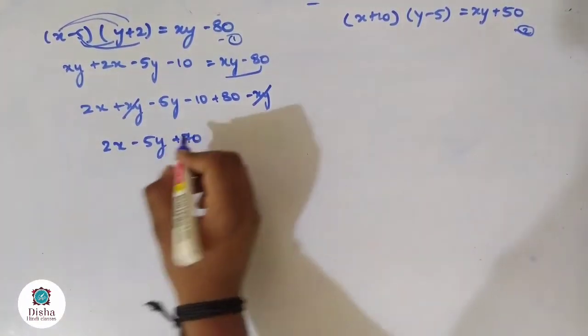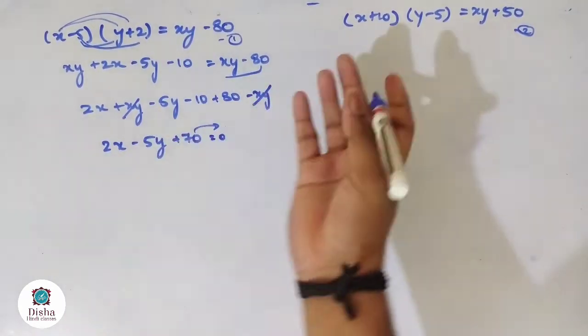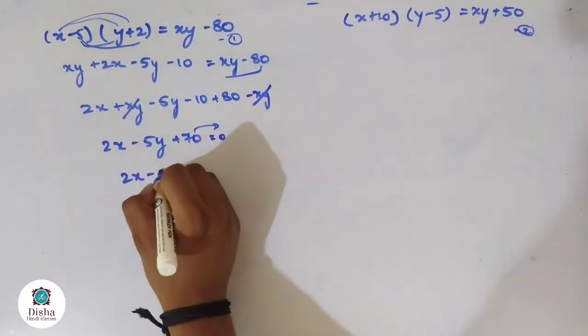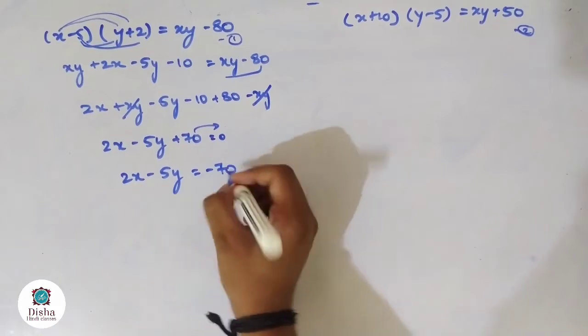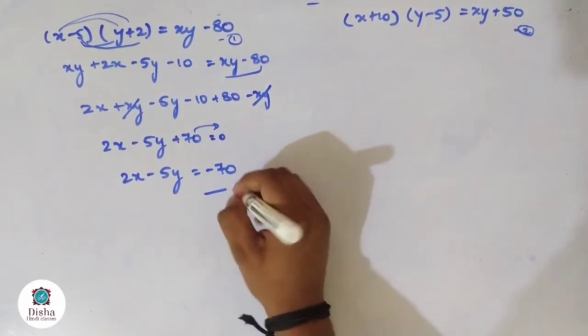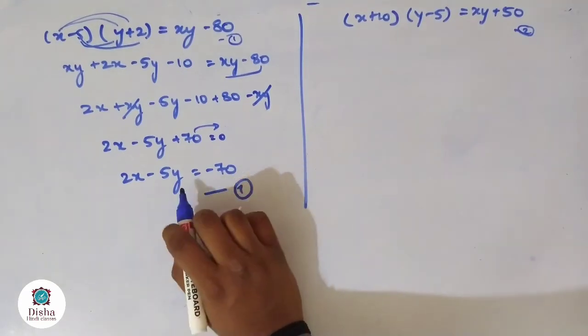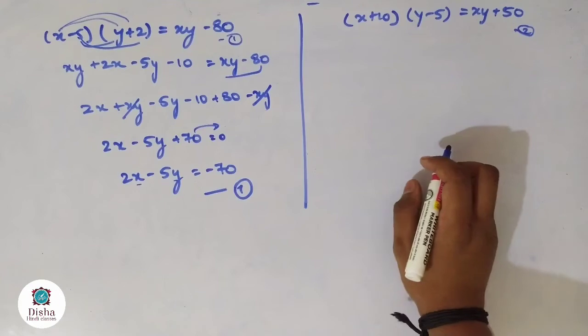Then we'll send this to the RHS, equals 0. So 2x minus 5y equals minus 70 is the first equation that we have to substitute points of x and y in to get the graph.